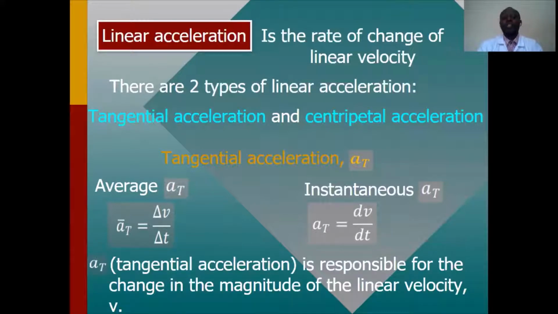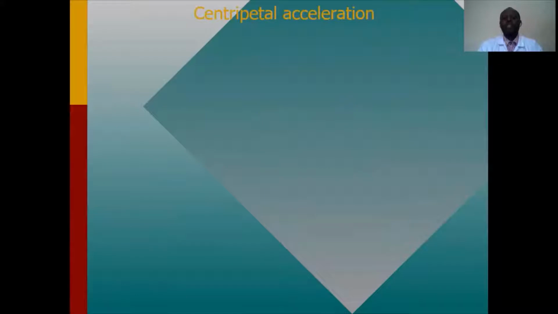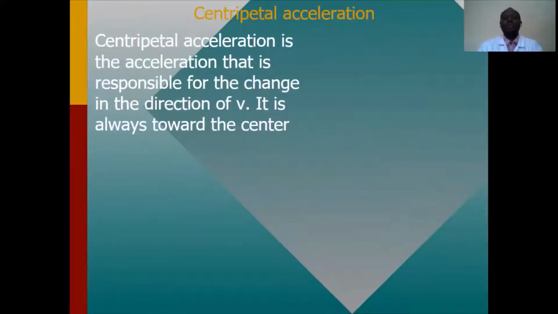Tangential acceleration is responsible for the change in magnitude of the linear velocity, whereas centripetal acceleration is responsible for the change in the direction of linear velocity.